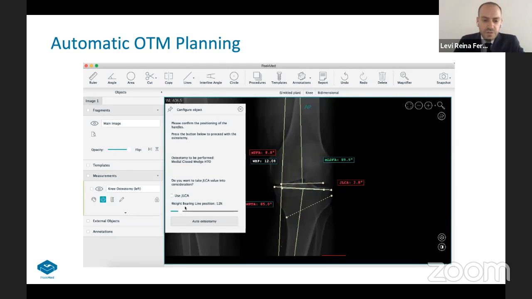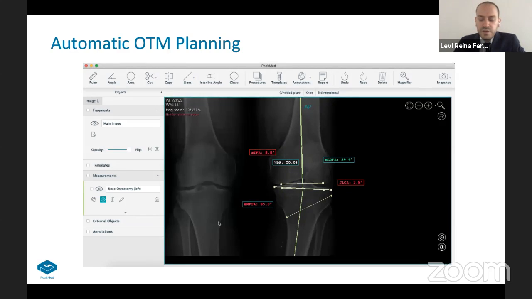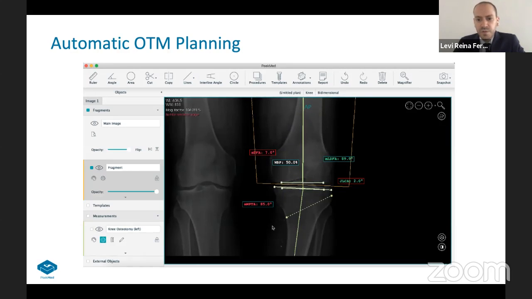Now, once more, you get to choose where you want the weight bearing line to go through. Let's aim for 50%, for example. And now with a simple click, you take into account the joint line congruency angle. So first, the program does an osteotomy on the joint line. This is a small opening, so it brings the joint line to normal, almost normal.